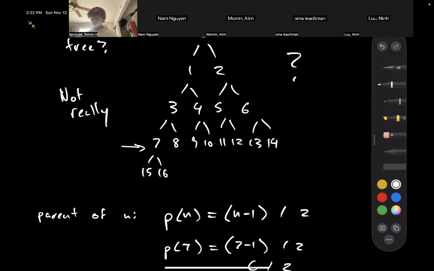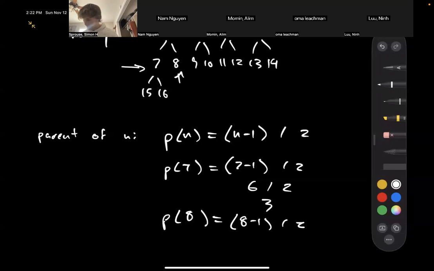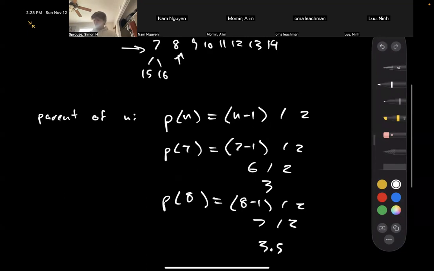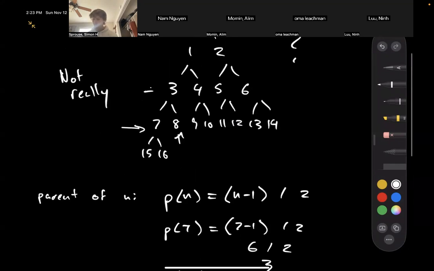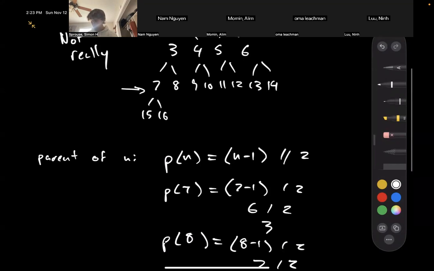Now, what about for 8? We've got a parent of 8 being 8 minus 1 divided by 2, 7 over 2, 3.5. You can see clearly we need to change whatever this operator is, but it's in the ballpark, 3.5 is close. So let's go back and let's redefine this equation to be floor division, right?